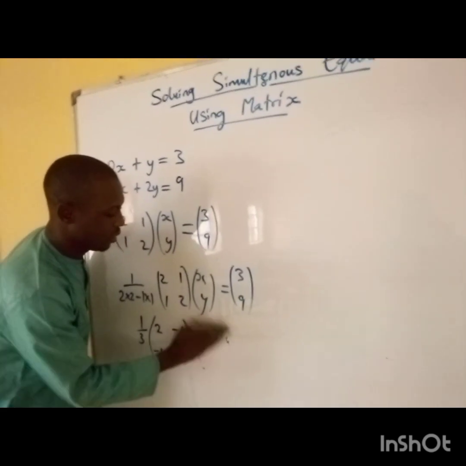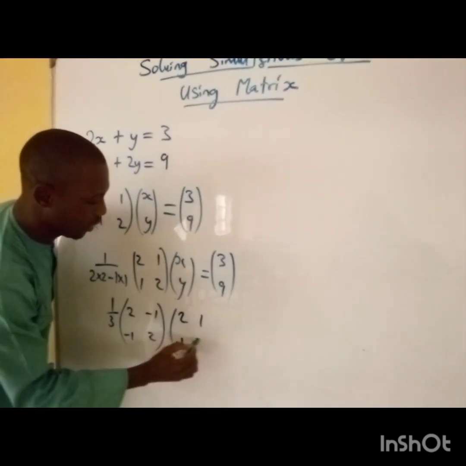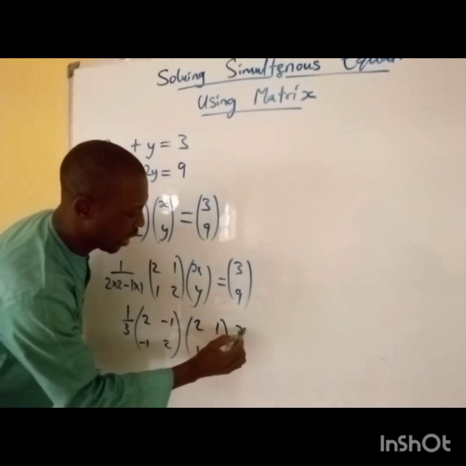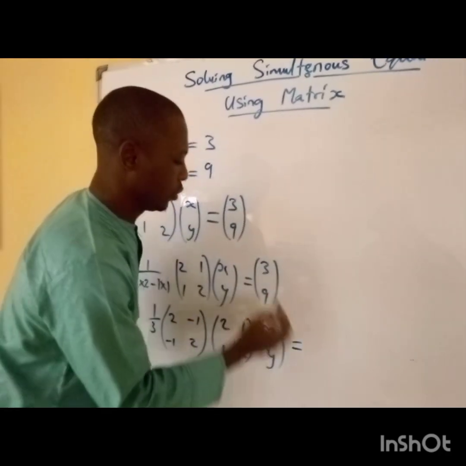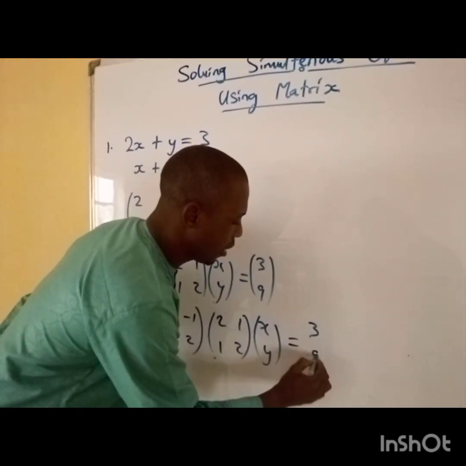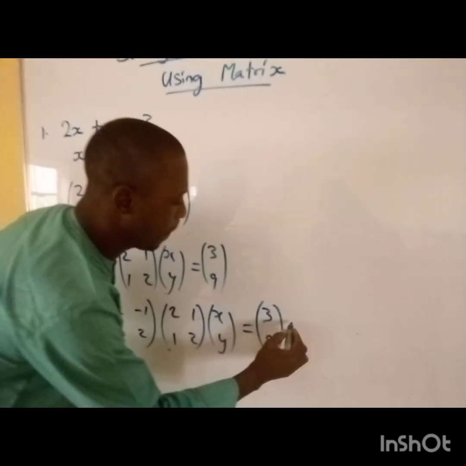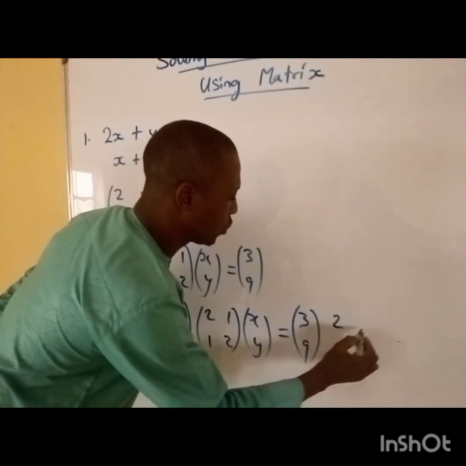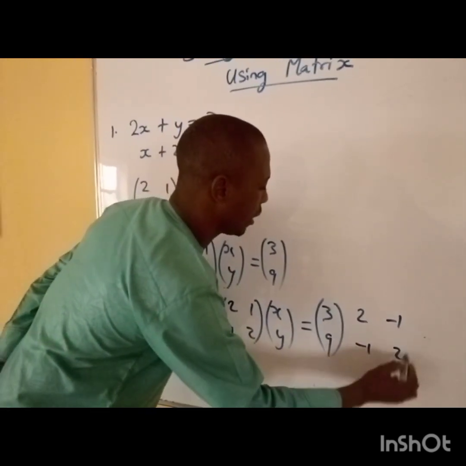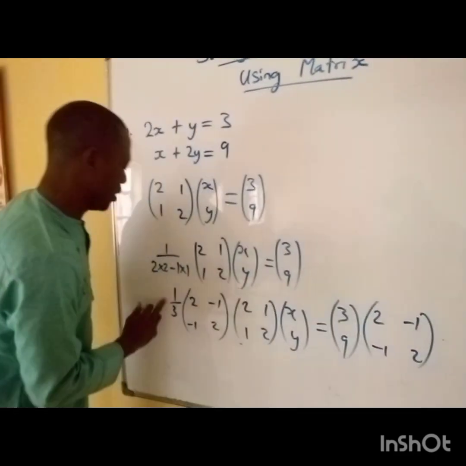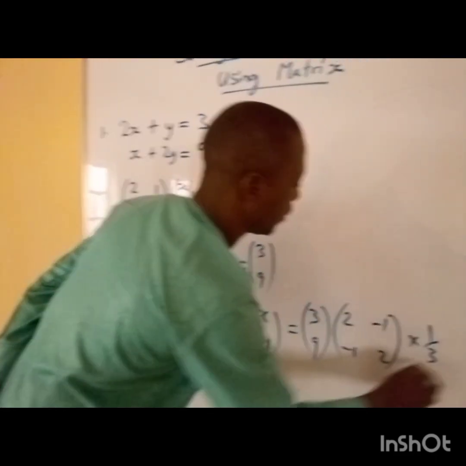Okay, let's do it this way. We have 2, 1, 1, 2 times x, y equal to 3, 9 multiplied by this inverse form, which is 2, minus 1, minus 1 and 2, times the inverse of the determinant.